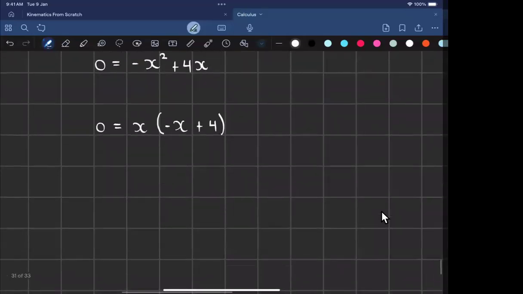Right? So what are the answers? x is equal to what and x is equal to what? The first answer is x is equal to 0. And this one is minus x plus 4.